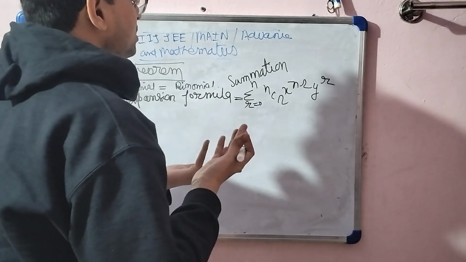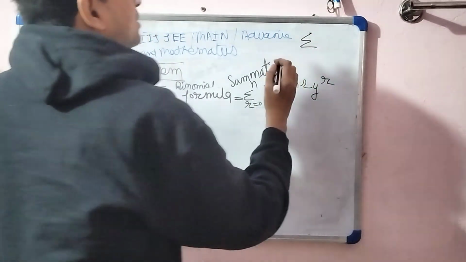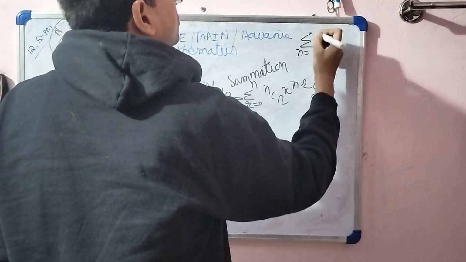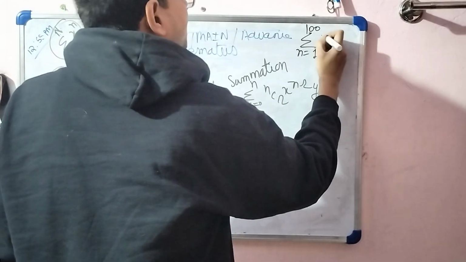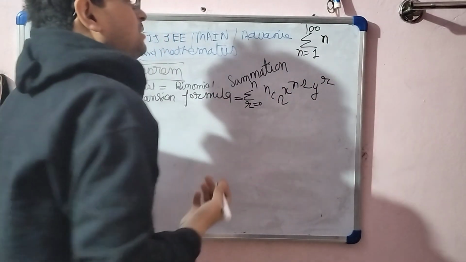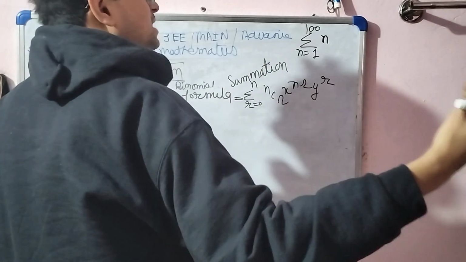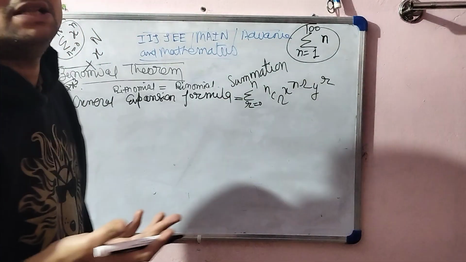What is sigma? Sigma n equal to 1 to 100 means 1 plus 2 plus 3 plus 4 up to 100. This is the sigma expression, but it is just simple.